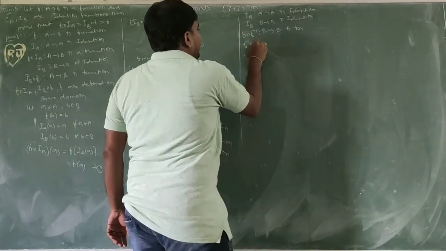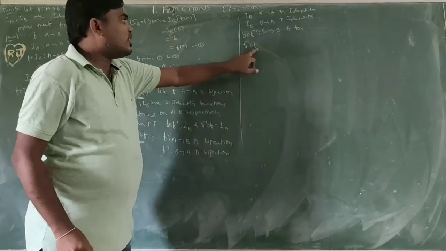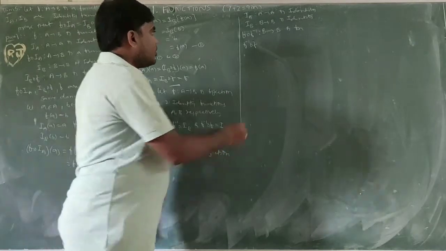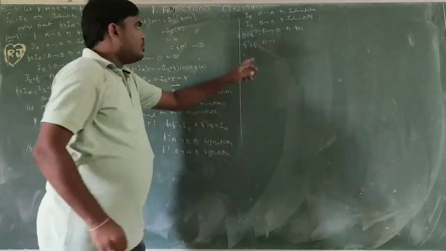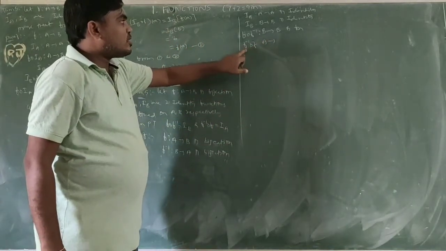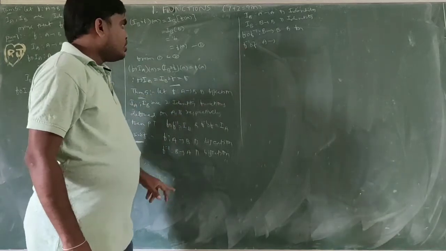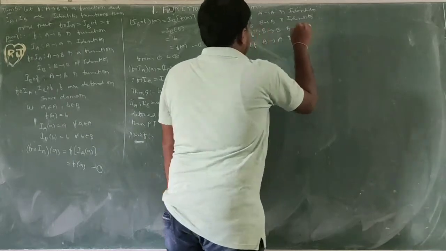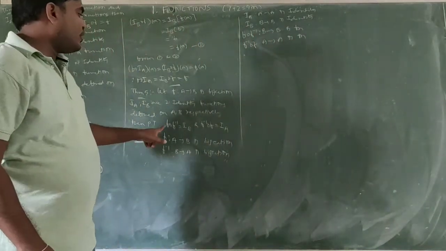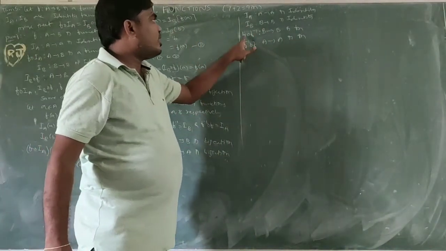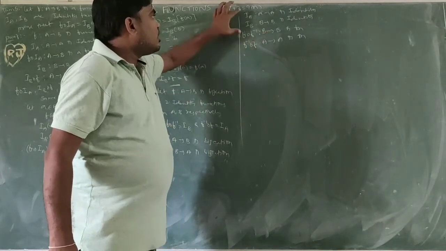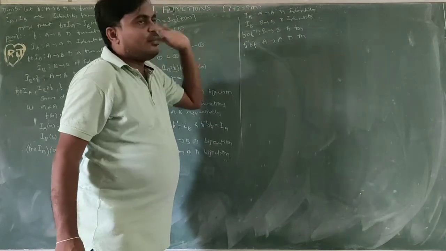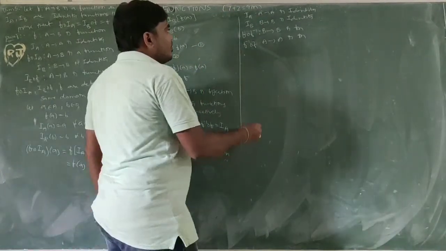F inverse circle F, from A to A, is a function. We need to prove F circle F inverse equal to IB, and these two are on the same domain.